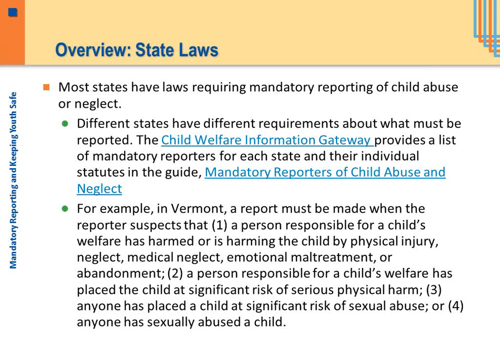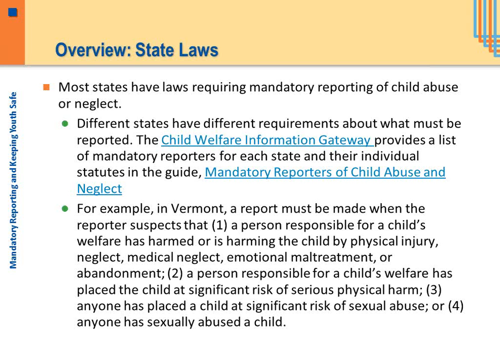So the Child Welfare Information Gateway provides a list of all of the mandatory reporters for each state and their individual statutes in the guide. So we've listed both links for you. And we're bringing this up because, again, there's some variation by state that gets pretty nuanced. And so it's useful for all of you to be aware, but then to become knowledgeable about your own state.